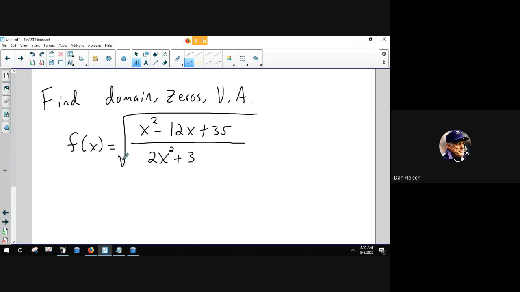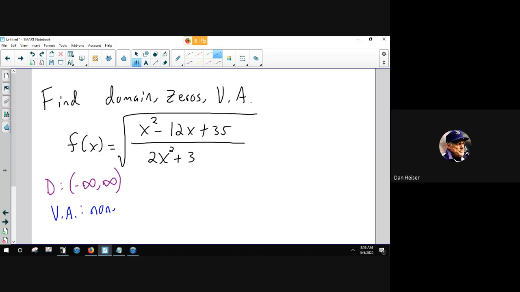And because we're inside a square root, the denominator now cannot be negative. Well, that's not a problem, because this function has a positive denominator always, based on the arguments we used in the last problem.